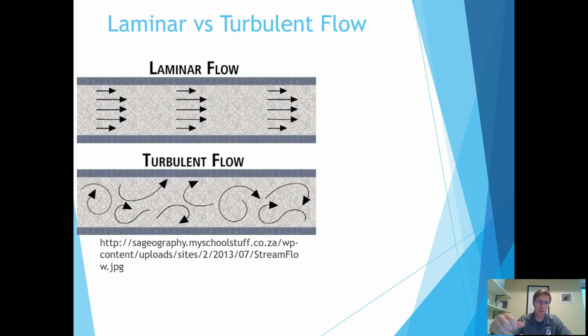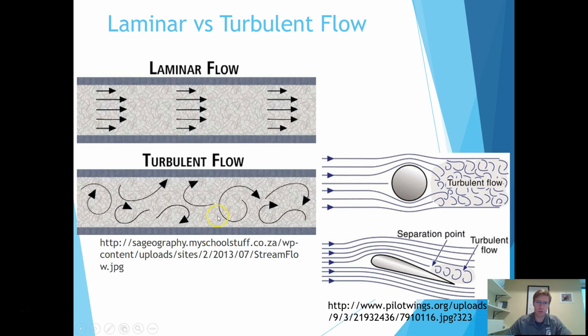To help you visualize what this looks like, here are a couple of images. Here you see laminar flow. Things are all moving in the same direction, so the velocity vectors all have the same direction and their magnitudes are quite similar to one another. And here's an extreme case of turbulent flow: flow around maybe a baseball moving through the air. It's laminar in front and on the sides of the object, but you get more chaotic, turbulent flow behind that object.